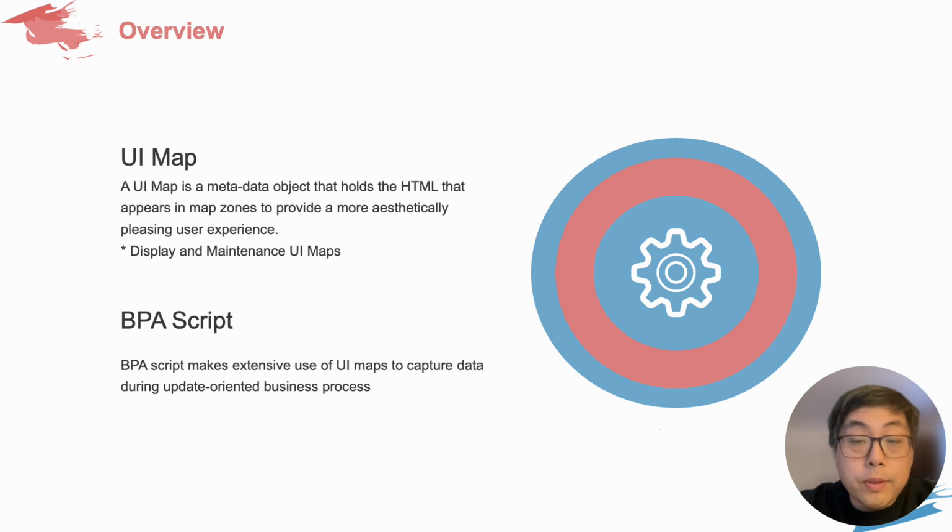So if you want to design things like a form in a few steps, where you want user interaction with the interface in a stepped format, then probably BPA script, but it's not very often used. I've seen mainly it's UI map.